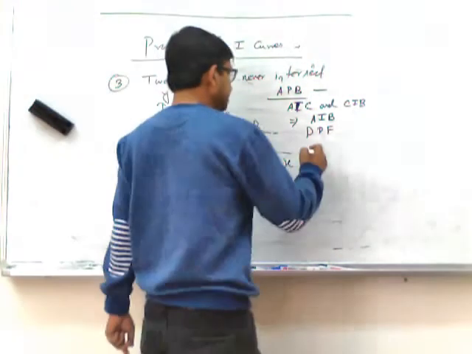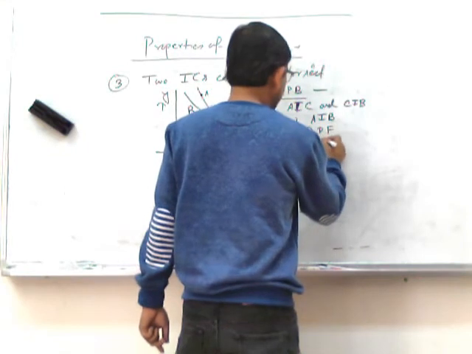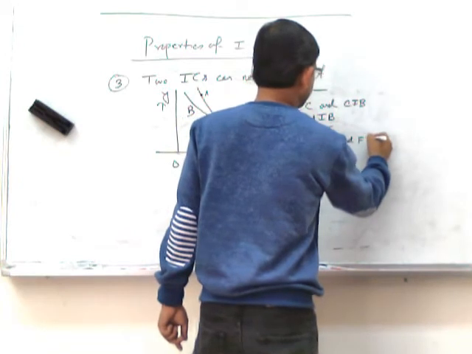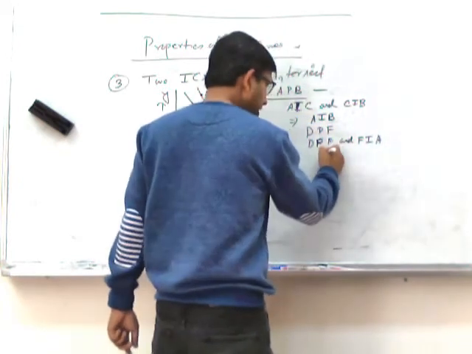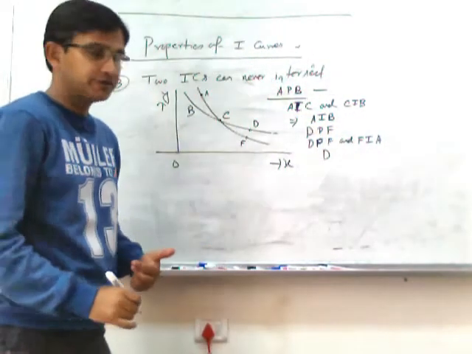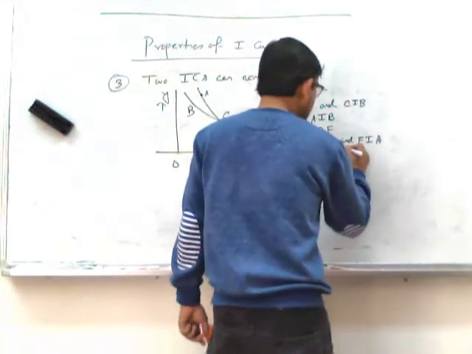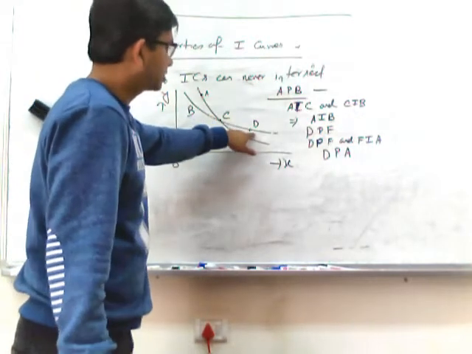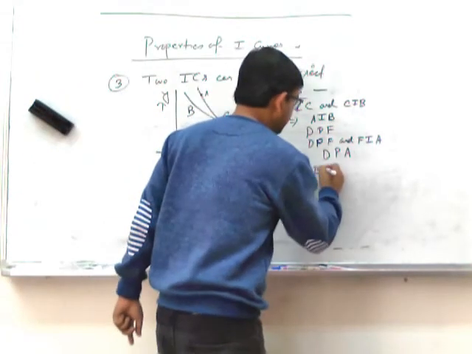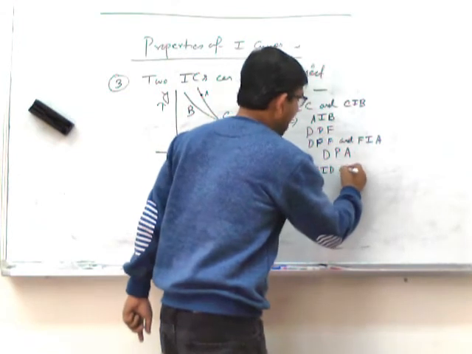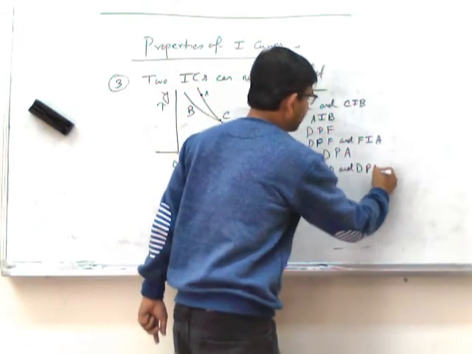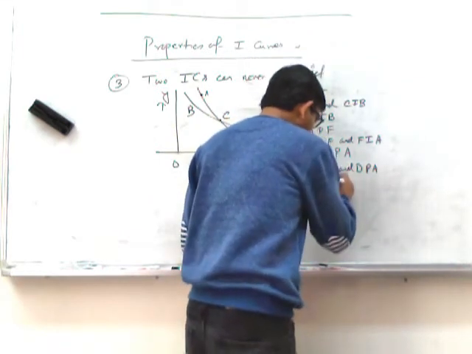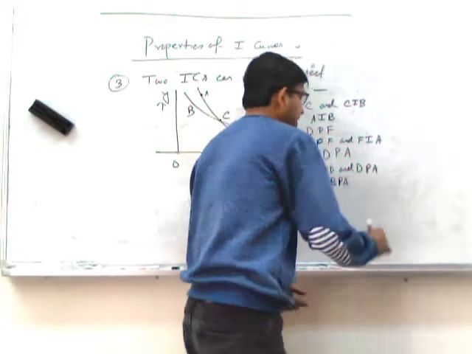Next, D is preferred to F and F is indifferent to A, so by the axiom of transitivity D is preferred to A. Next, B and D are on the same indifference curve, so B is indifferent to D and D is preferred to A. From here we conclude that B is preferred to A by the axiom of transitivity.